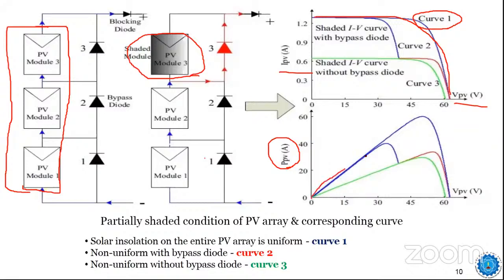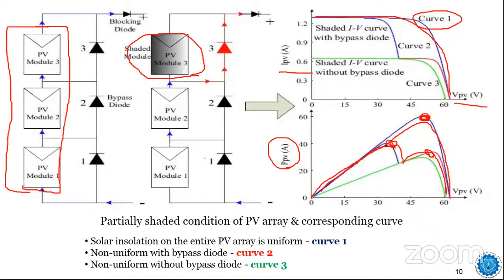This power curve consists of a single peak point, right? This is the maximum power point. But when it is shaded, the equivalent curve consists of multiple peak points. That is the reason we are always interested in tracking the maximum power in any condition, whether uniform irradiation or shaded condition.